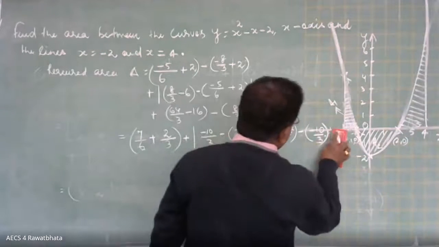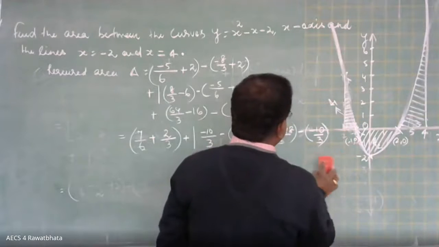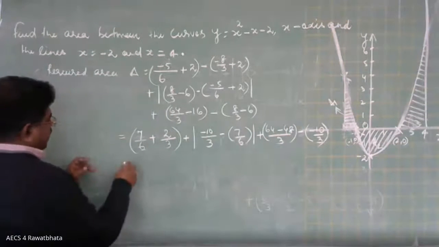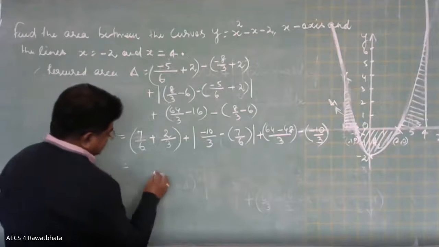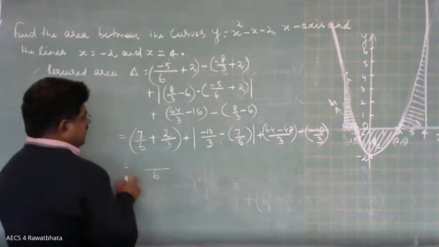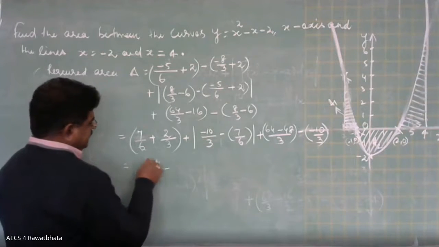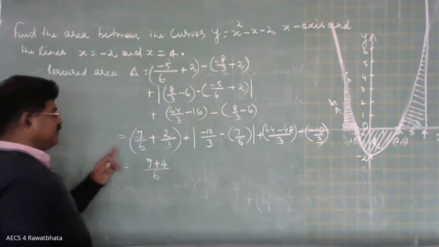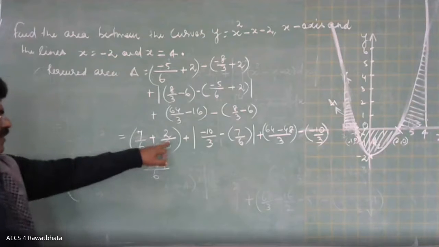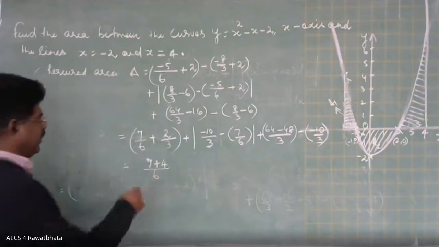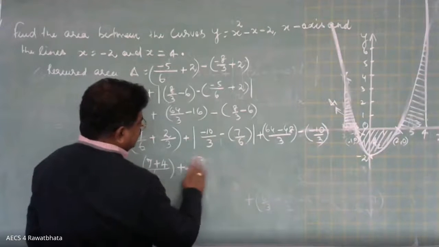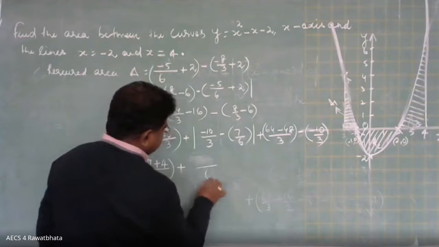Graph part over. Now here 6 as the LCM. 7 plus 4, 6 divided by 3 is 2, 2 into 2 is 4.